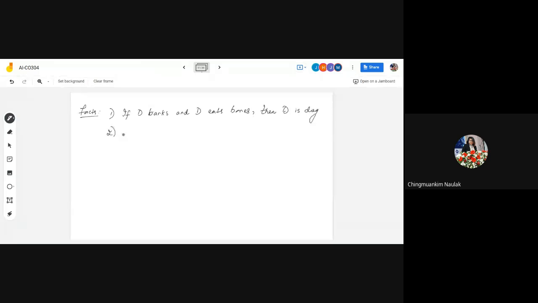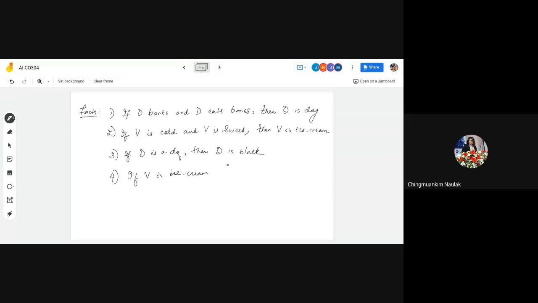The second fact given to you is if V is cold and V is sweet, then V is ice cream. Third, if D is a dog, then D is black. The fourth, if V is ice cream, then it is vanilla.